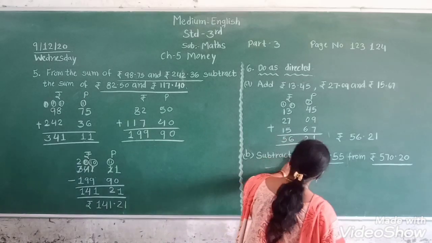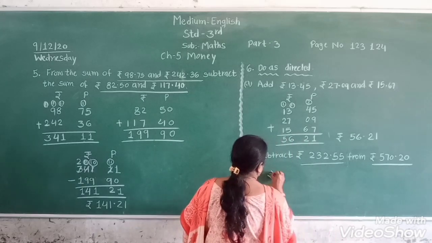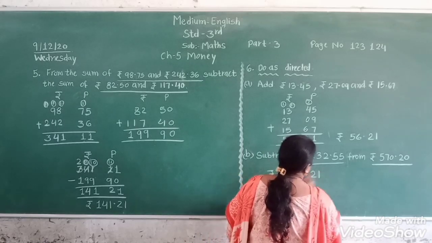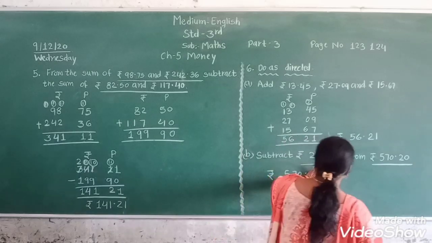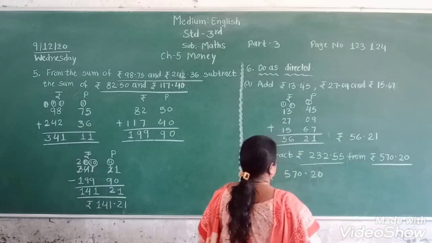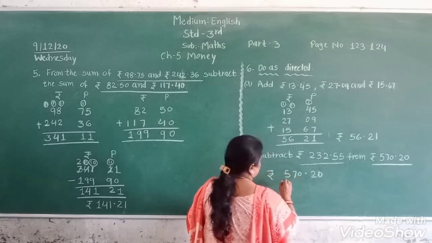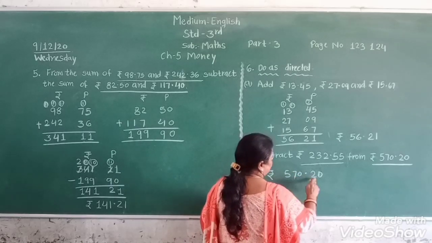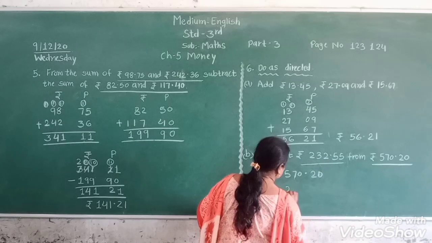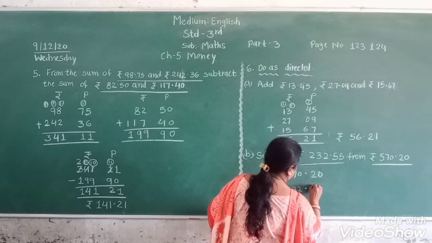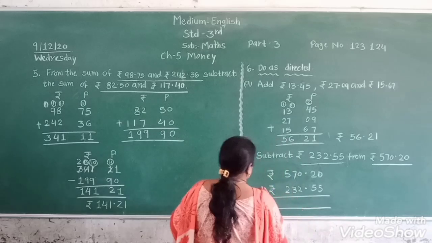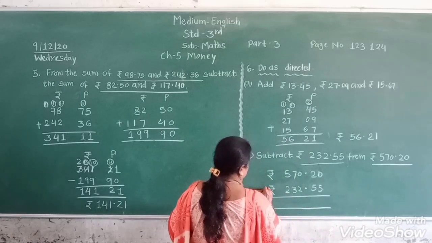Otherwise we can write it this way also, 570 rupees and 20 paise, and below it write rupees 232 and 55 paise. Okay. Now we will do the subtraction.